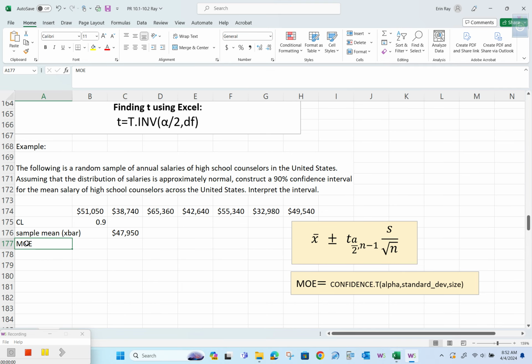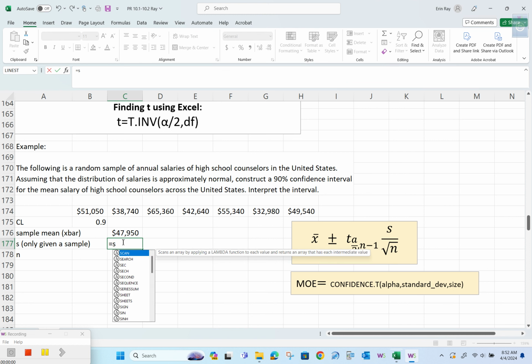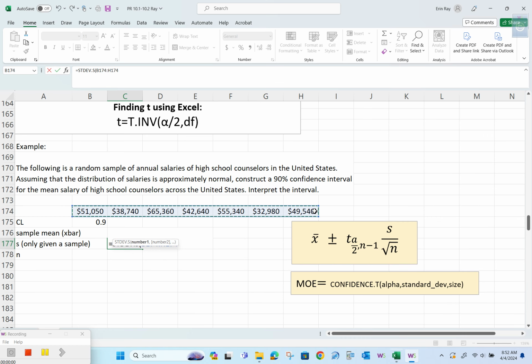Then, I'm going to go ahead and delete this margin of error for right now because we've got to find these other things, S and N, because we were only given sample information. Make a note of that. Only given a sample. And because of that, we're going to use equals standard deviation dot S, and do the same thing to calculate it.